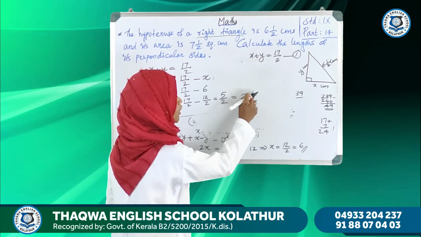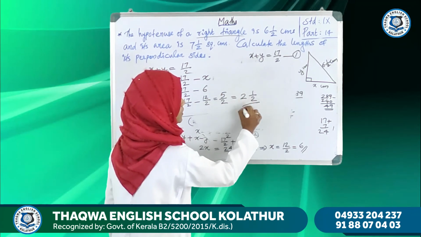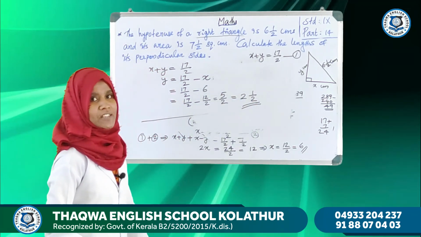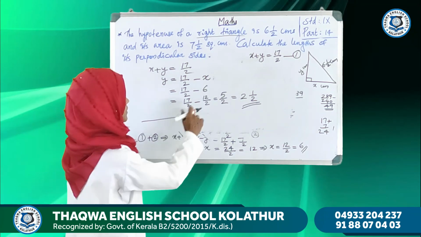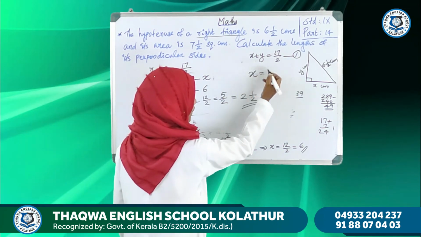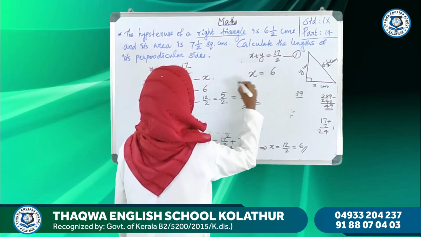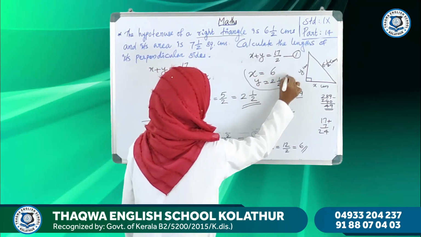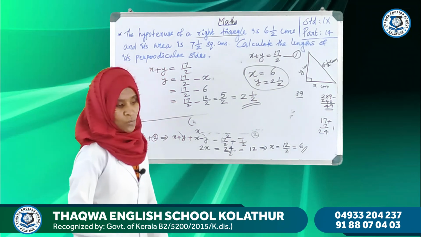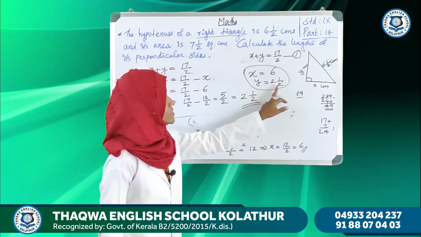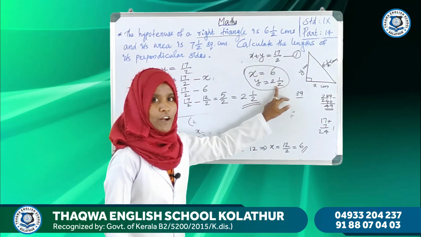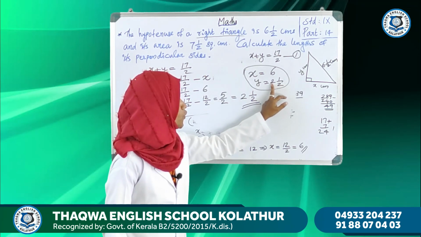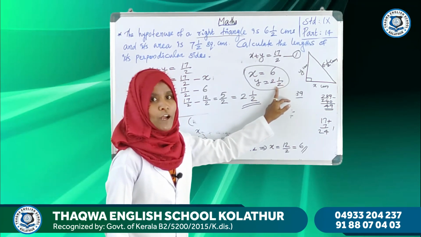Into 2, 4, 4 plus 1, 5, 5 by 2 can be written as 2, 1 by 2. That is x equals 6 and y equals 2, 1 by 2. These are our values. X equals 6, y equals 2, 1 by 2 or 5 by 2.